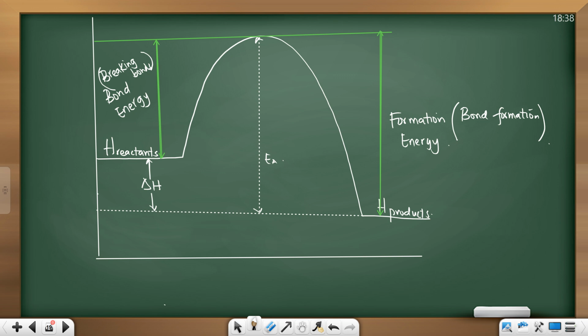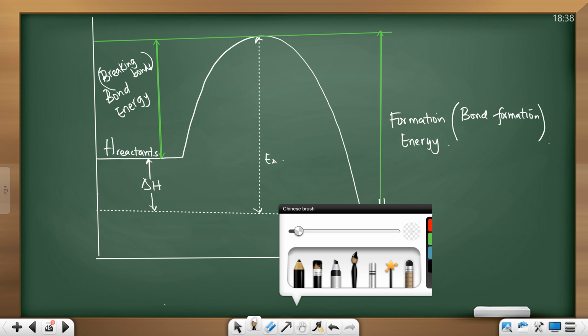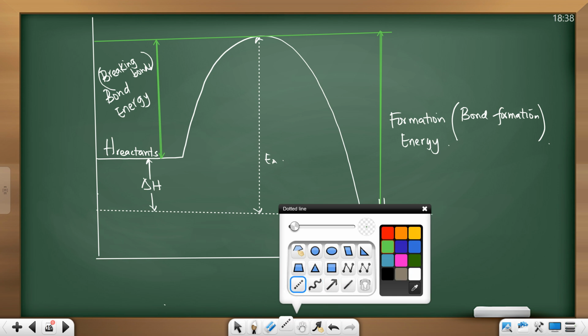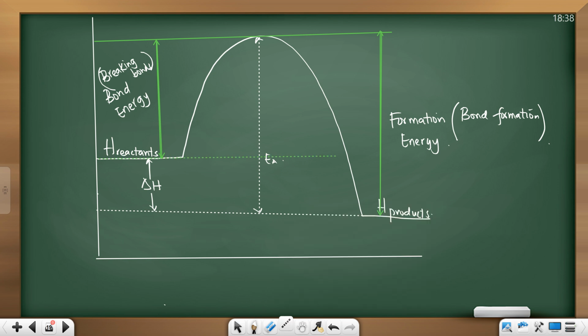Yes, EA is only from the reactants. Oh, my graph. Look at me. EA is from the reactants. I get what you pointed out now. Thank you. This one is wrong. Remember, the definition is the energy required to start.